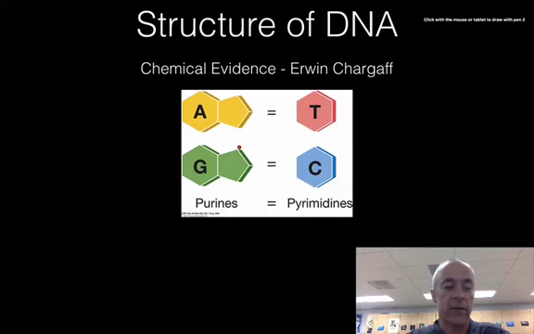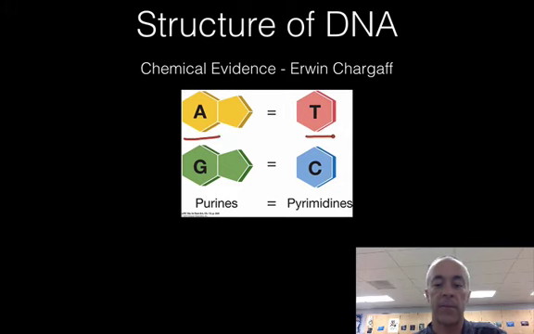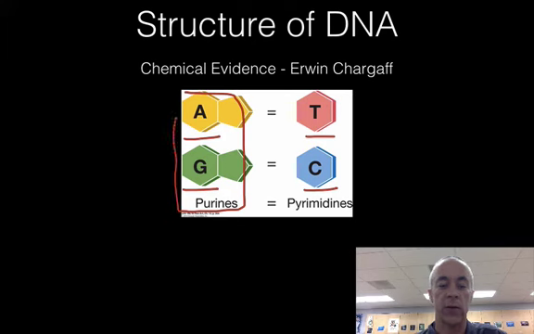Another scientist working around the same time was named Erwin Chargaff, and he and his contemporaries were studying samples of DNA from as many different sources as they could get. And they always found that the amount of adenine in DNA matched up with the amount of thymine, and the amount of guanine always matched up with the amount of cytosine. And they put the pieces together that adenine and guanine fell into this group called purines, and thymine and cytosine fell into this group called pyrimidines.